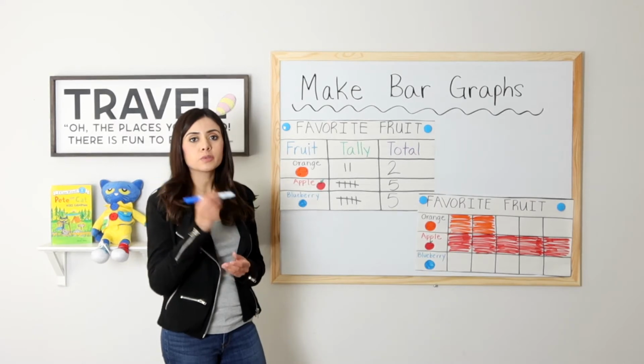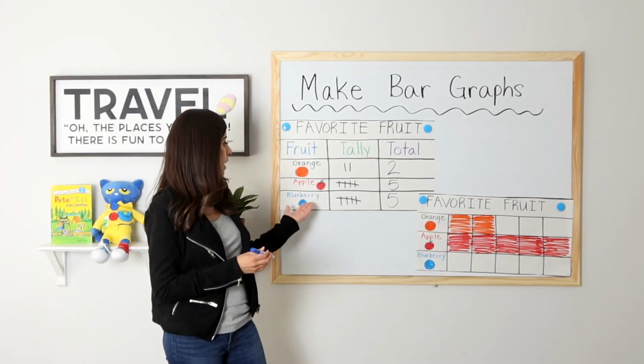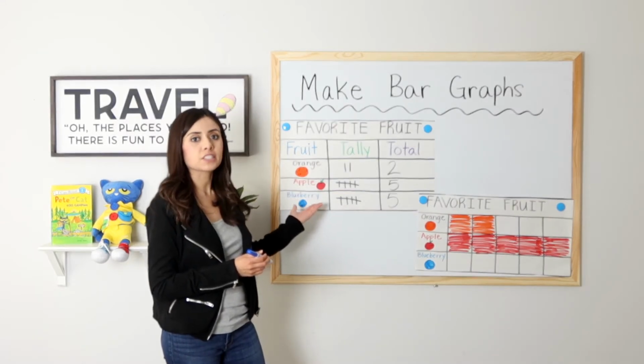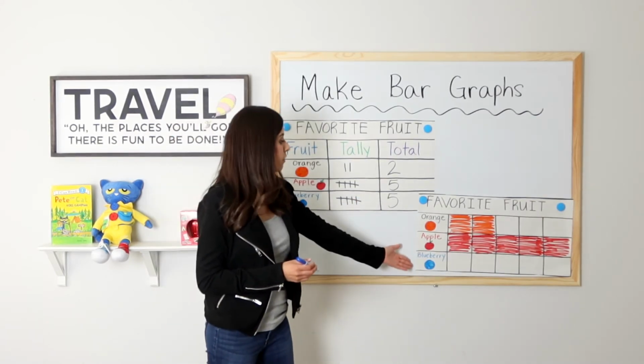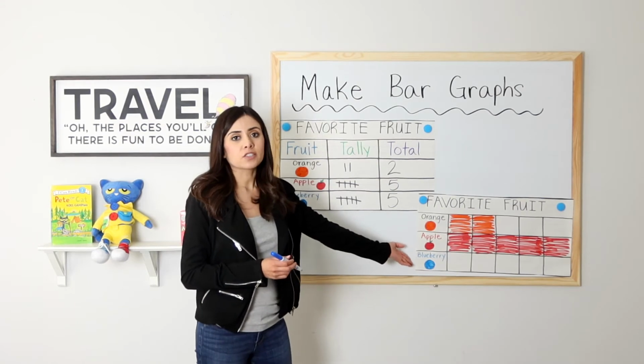I will use blue to represent the blueberries. How many students chose blueberry as their favorite fruit? So I will come down to my bar graph and color in 5 squares for blueberry.